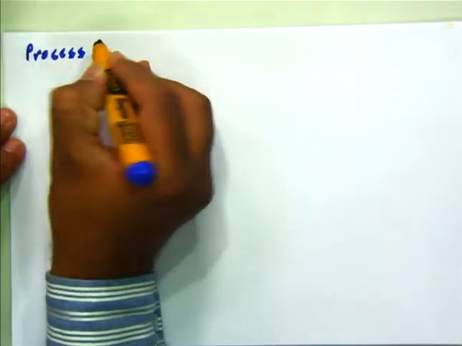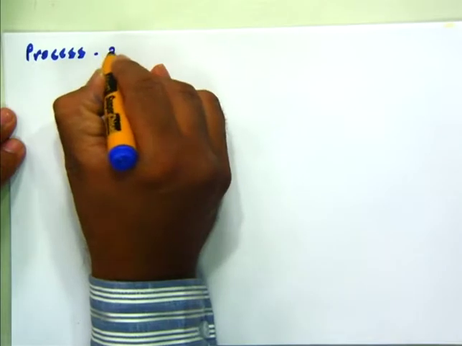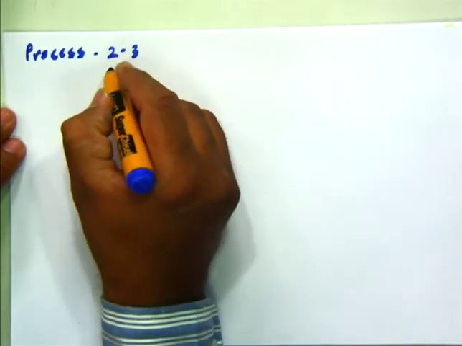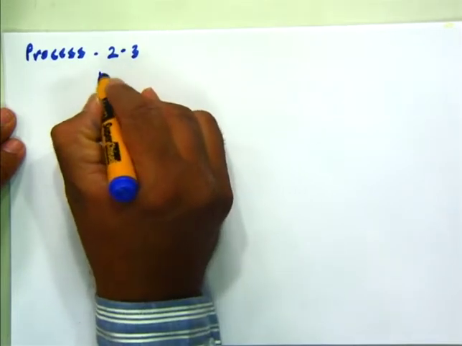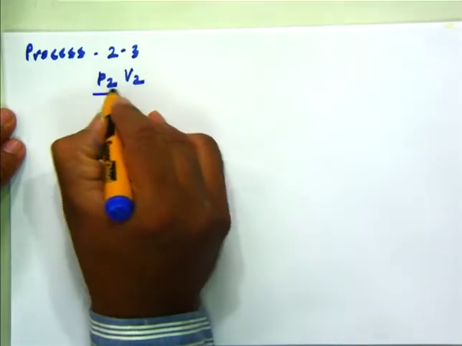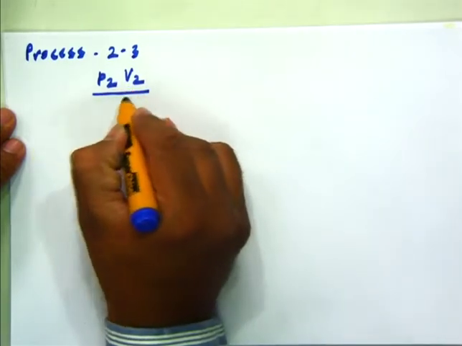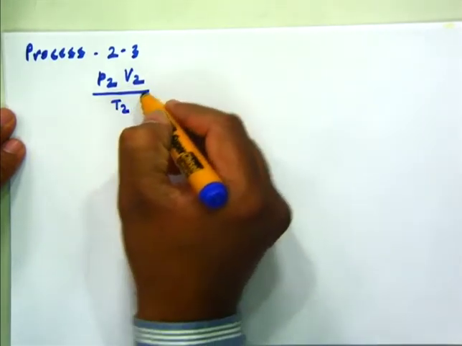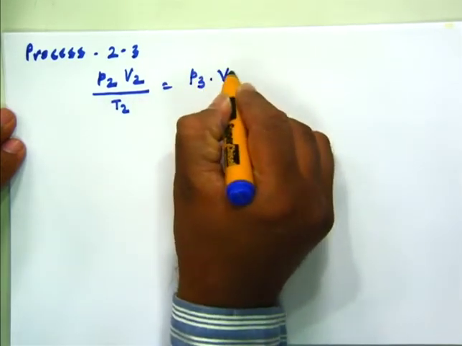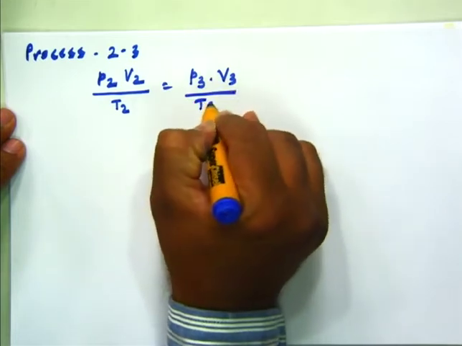For process 2-3, we have P2 V2 upon T2 is equal to P3 V3 upon T3.